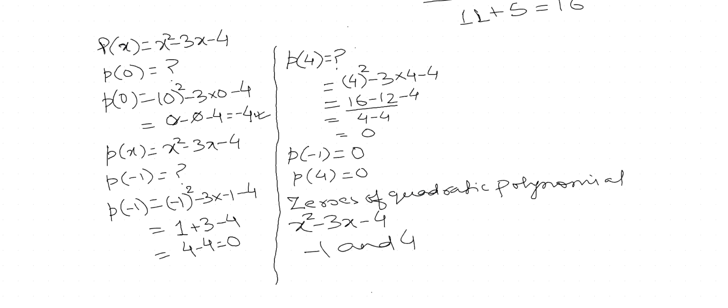Because in place of x, if you write minus 1, this will give you 0. In place of x, if you write 4, this will give you 0. Is that clear? So if someone asks you the zeros of a quadratic polynomial, it means you have to search for a value of x which should give 0. Is this point clear to everyone? Good.